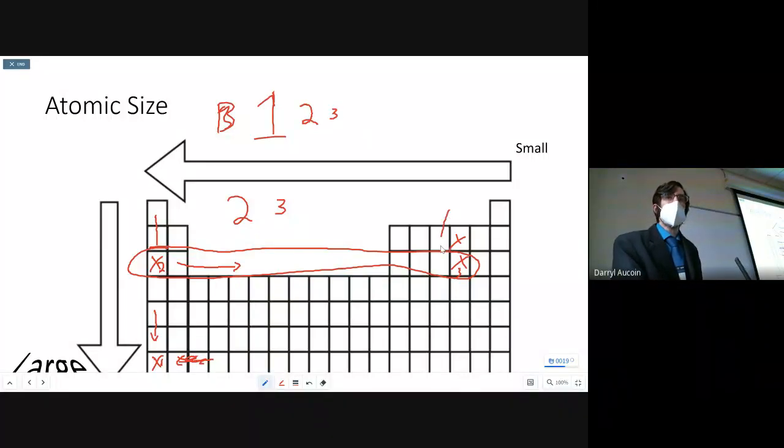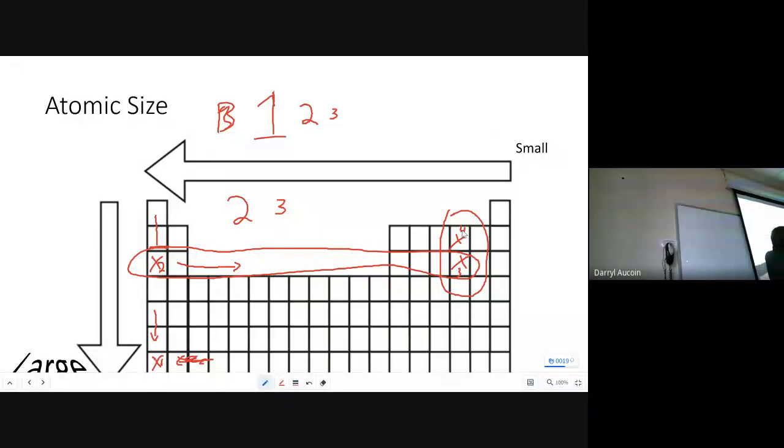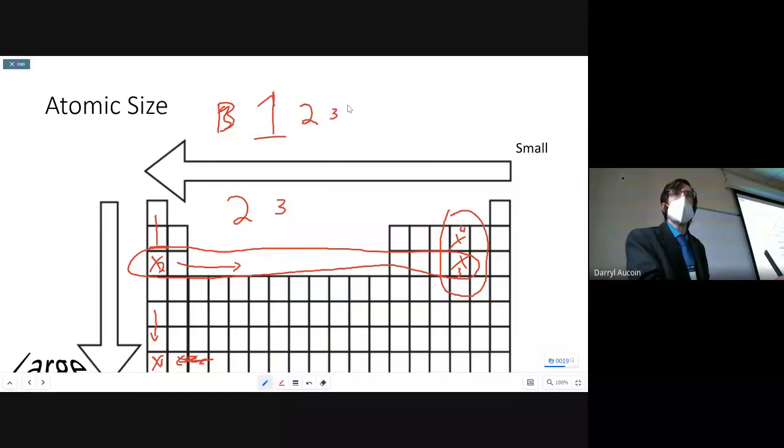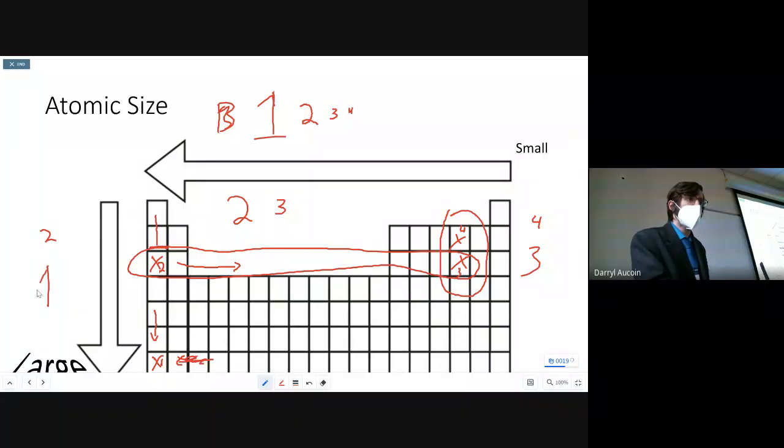And then we could also say, these 2 elements here, how do these compare? We know that as you go down, this one's bigger than this one because this one's further down. The further down you go, the bigger you get. So 4 versus 3, 3 is bigger, just like 2 versus 1.